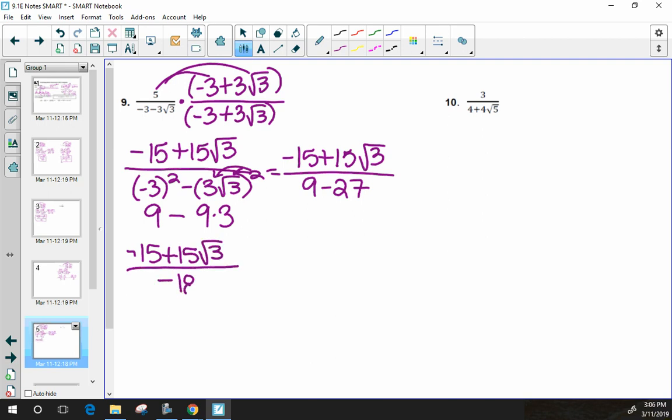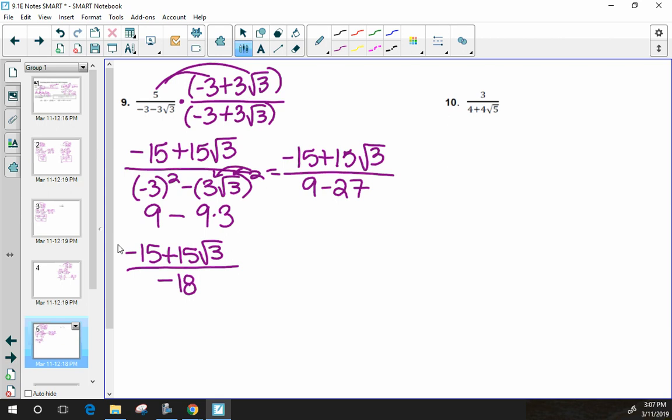Now, really relevant to the question that was just asked a couple minutes ago, here you can look and see that there is a common factor that can be reduced, but it's because it goes into all 3 of these terms. So we really have 3 terms here. We've got the 2 numerator values, the negative 15 and the positive 15 square root of 3, and then we have 18.